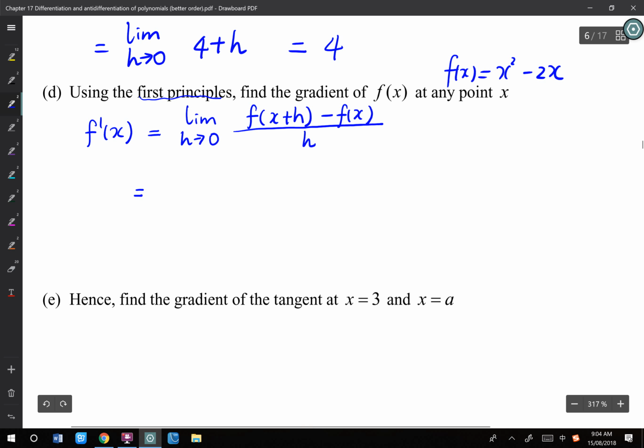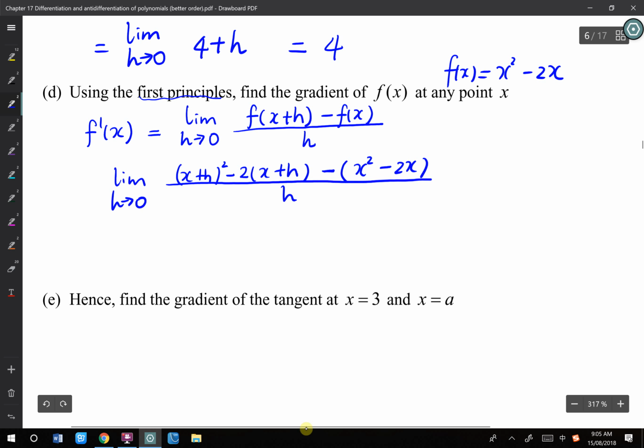So f(x + h) is (x + h) squared minus 2(x + h). I don't want the general expression, I want the specific expression for this question. So that's my f(x + h), minus f(x), which is x squared minus 2x, over h. I forgot my limit. There's a limit as h approaches 0 as well.